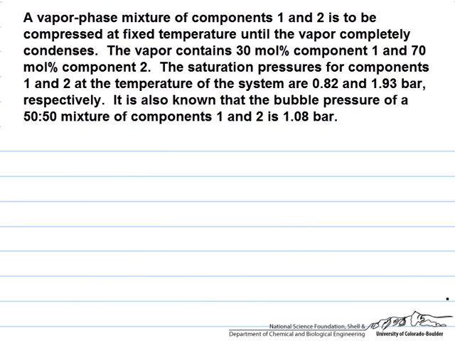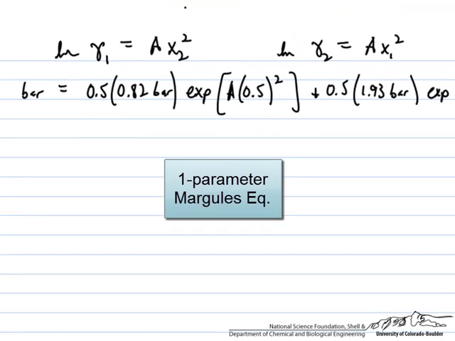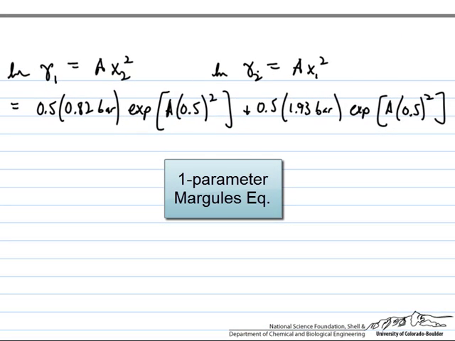Right, and so we'll go ahead and re-express this. The one parameter Margules says that we can determine the activity coefficients for our two components in terms of this single parameter times the mole fraction of the other component squared. Right, we can take the exponential of both sides in order to solve for the activity coefficient, and we can plug it into the expression we had on the first page. So we have the exponential of A times x2 squared, where x2 is 0.5 here, and the exponential of A again times 0.5 squared because x1 is also 0.5 for the bubble pressure.